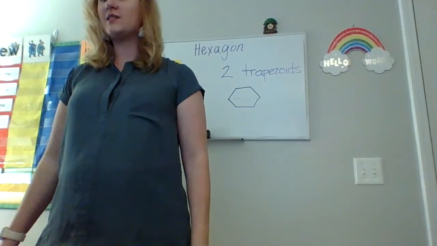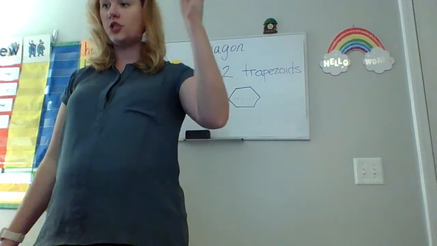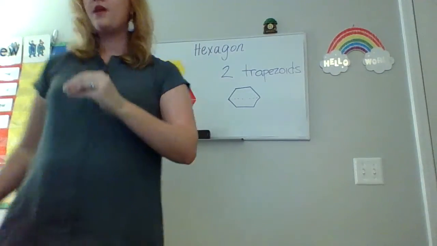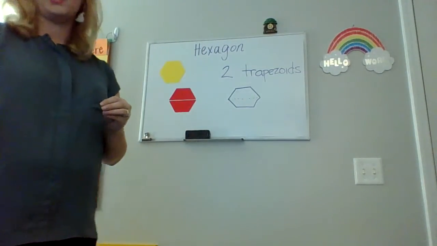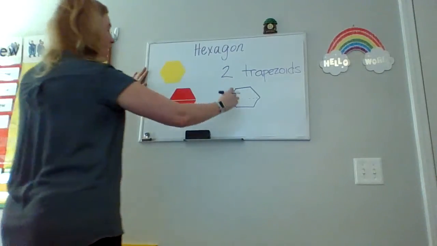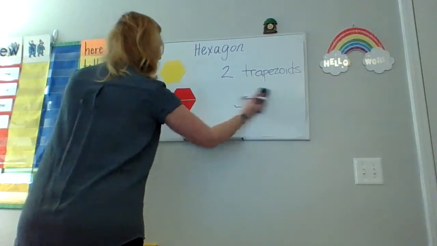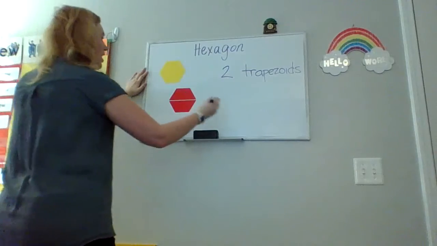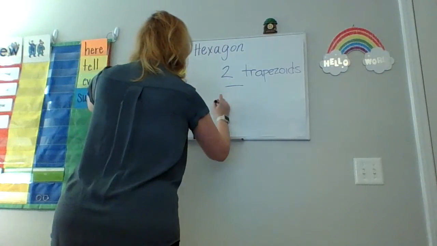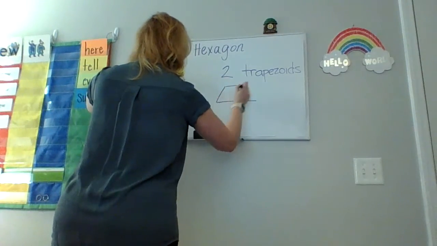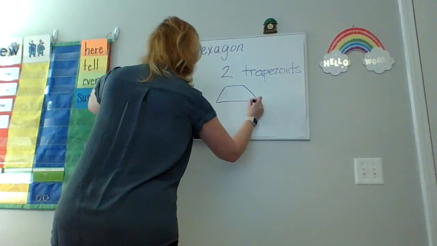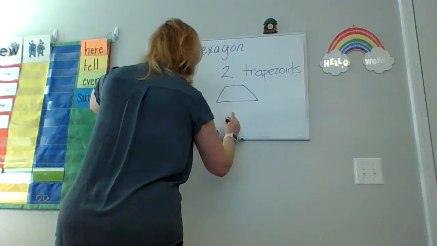Yeah, good. That's right. So remember, I wanted to see the 2 trapezoids, right? I don't want to see a dotted line. I actually want to see you draw. That was a hint. I want to see you draw 1 trapezoid. Okay. And I want to see you draw another trapezoid.